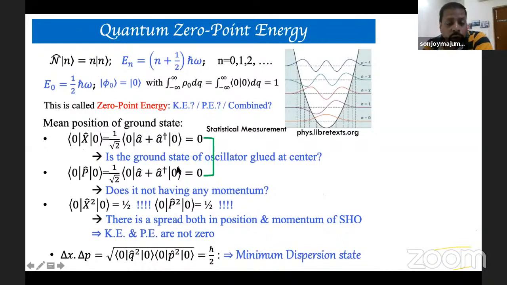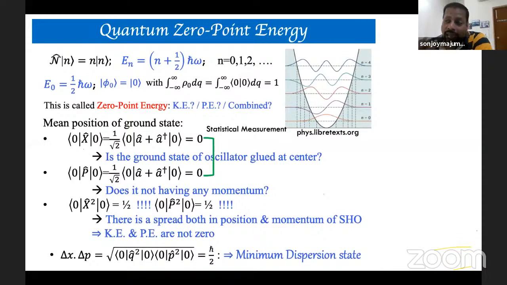So what would happen is that, because of this limitation of the measurement, you are allowing the atom or whatever particle inside the harmonic oscillator to move, or to have some kind of kinetic energy or potential energy.